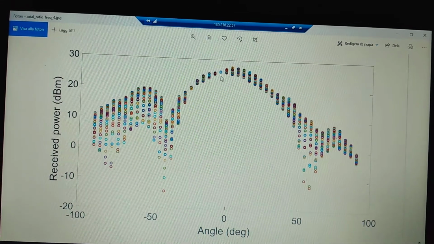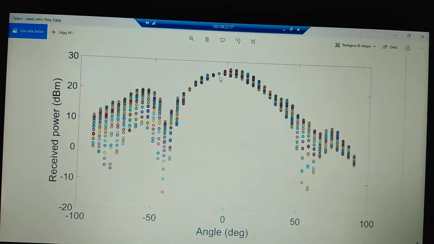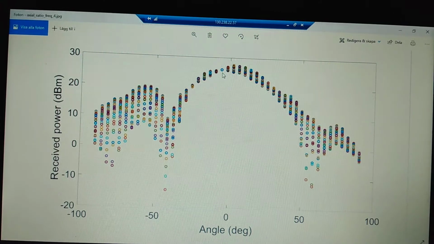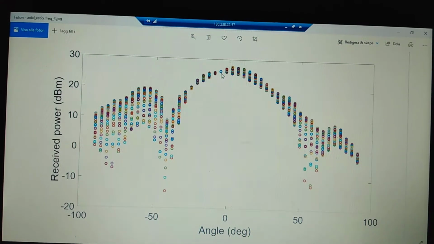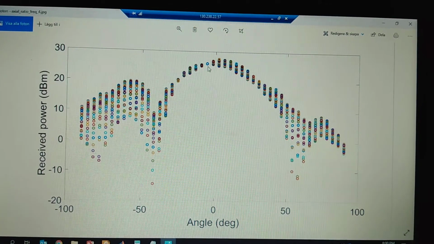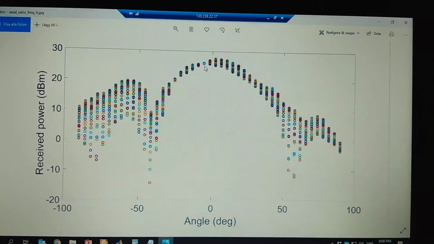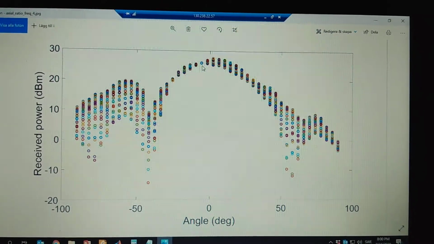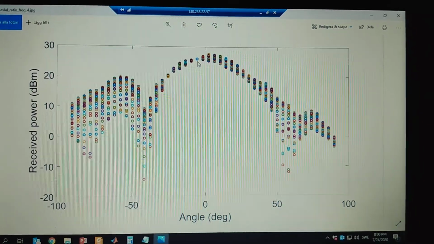And at this angle, minus 6 degrees, where we see just a single circle, the maximum and the minimum values both are around 25 dBm. So the difference of them is 0 dB. So the axial ratio at this point is 0 dB for this antenna.